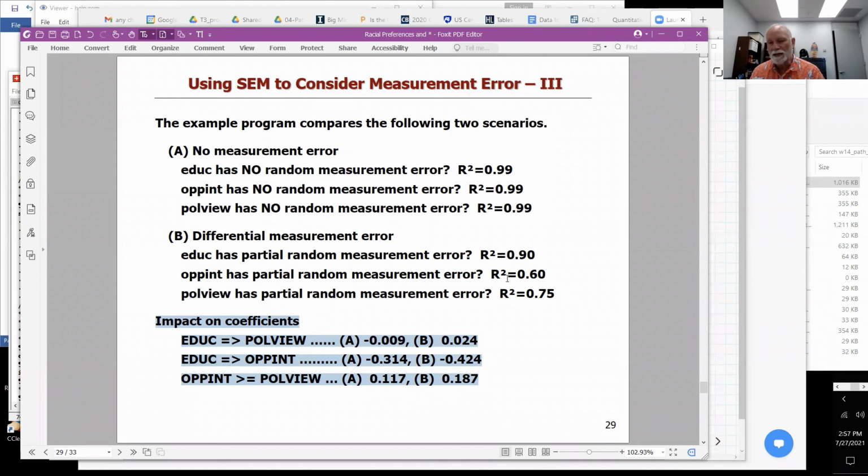So I should assume these B's may not be correct. If all I do is simply acknowledge that, I'm now interpreting the results in a more nuanced way based on a broader understanding and a more informed perspective. I'm not running SEM, but I'm looking at my OLS regression in a new way because I'm aware of what this might look like if it were modeled in SEM.